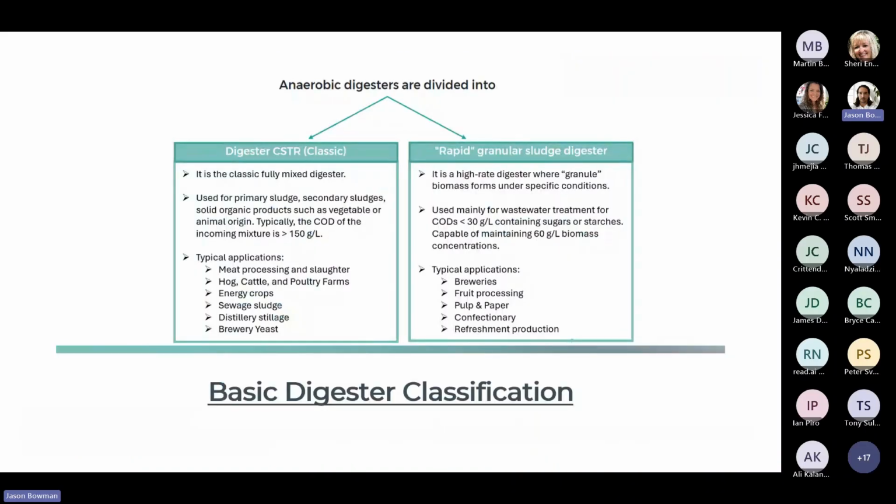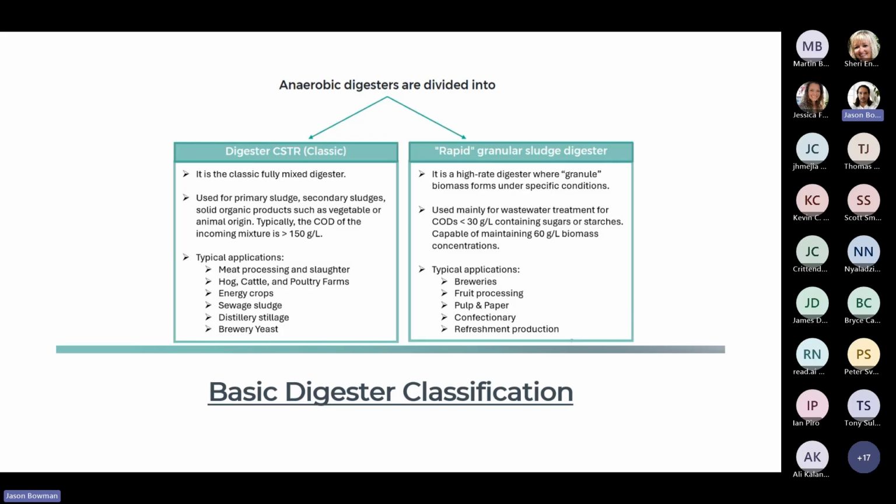So before we jump into the recuperative thickening discussion, I just want to note that it's really important to understand the two basic categories of digesters. That is, if you take all the digesters in the world and lump them into two categories, you basically end up with low rate systems, which are your classical CSTR, lagoon, plug flow digesters, and they're geared more toward a combined high organic or high solid waste profile.